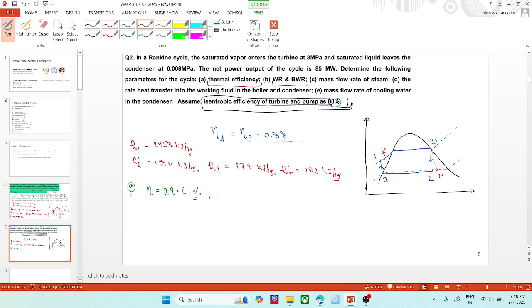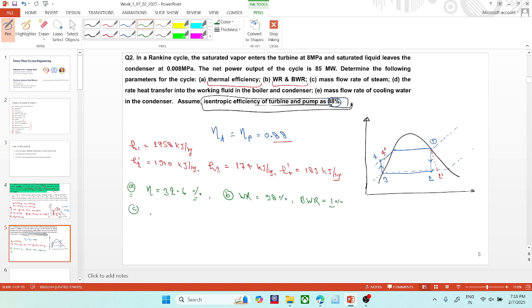And the work ratio will also decrease. Earlier it was 99%, now it will be 98%. The back work ratio would be 1 point something percent, it will be around this value.